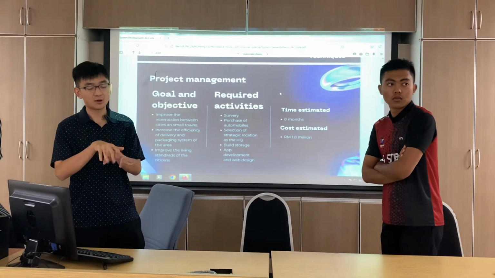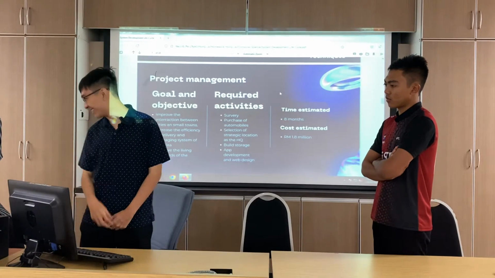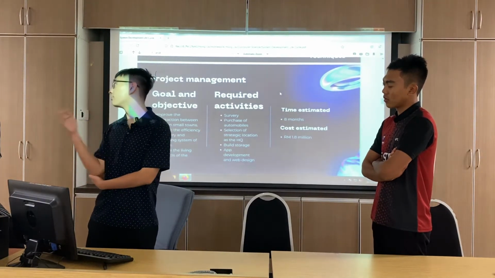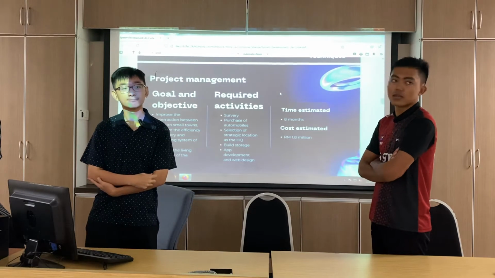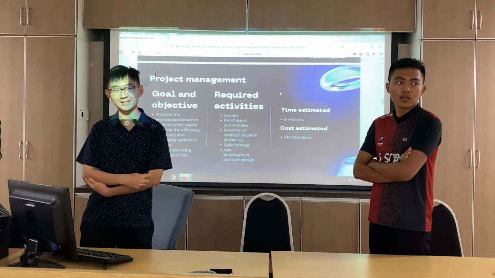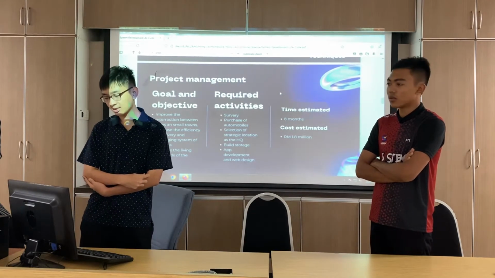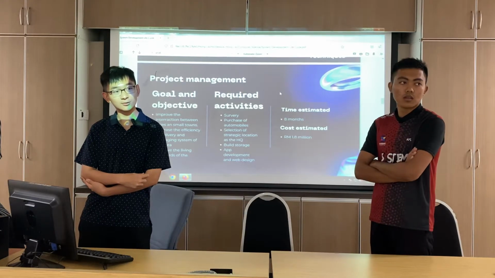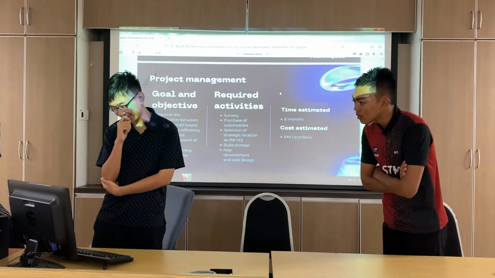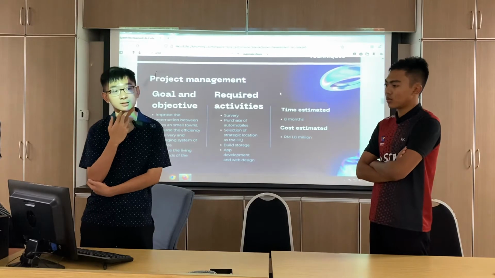We have five phases, so which one phase? Planning phase. Which activity? The selection of strategic location. So that is planning.